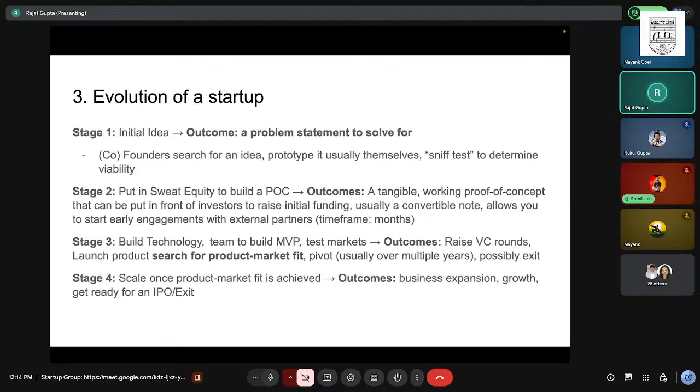It may be clunky. It doesn't have the best UI. It doesn't have the best performance. No spit and polish, but it's something that you can actually put in front of, I don't know, potential investors, potential partners, maybe even potential employees that you're trying to hire, and say, look, this is what I'm trying to build, and here's a working prototype. This is the problem it solves.